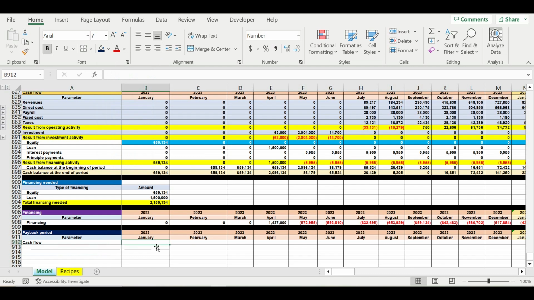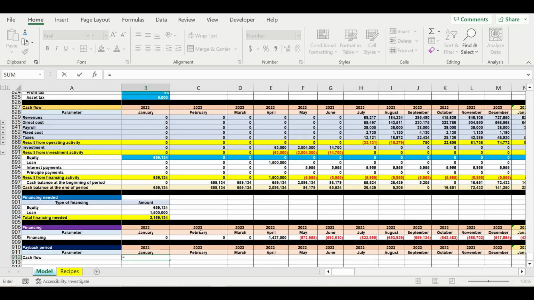To calculate the simple payback period, we need to gather the inflows and outflows of the project itself, to understand whether the project generates enough cash to pay back all the money that we've invested in it. So what we are doing, we're taking the result from operating activity plus the result from investment activity, then minus interest payments and minus principal payments.